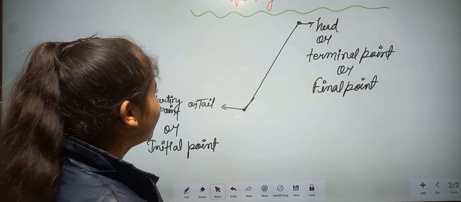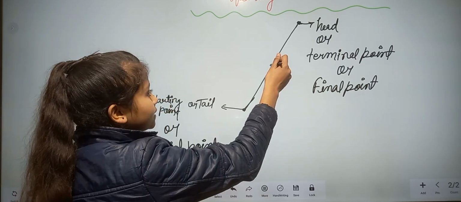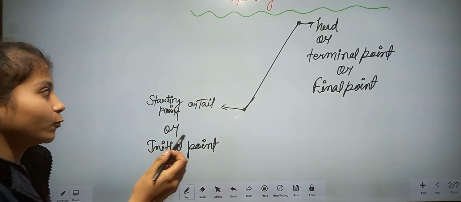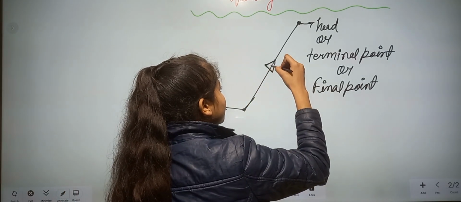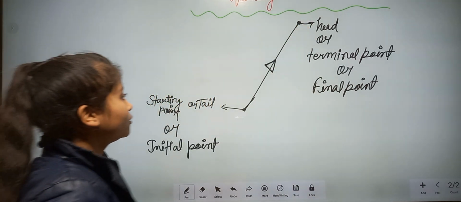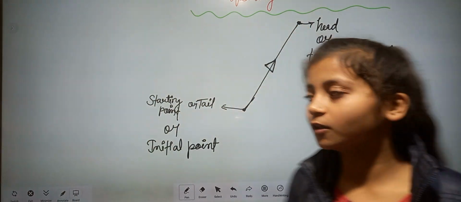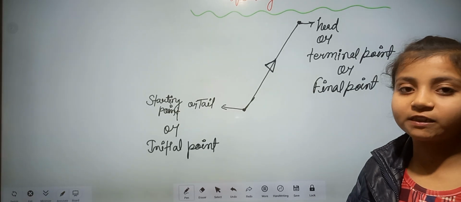Now the line is not saying where it is going, whether it is going in a downward direction or upward. If we give the arrow, we know that it is going in an upward direction. So an arrow is a must to show the vector, because in a vector we have a specified direction.